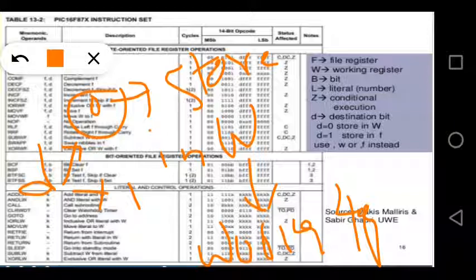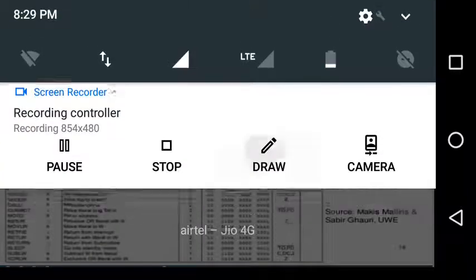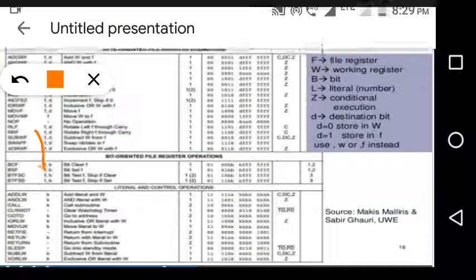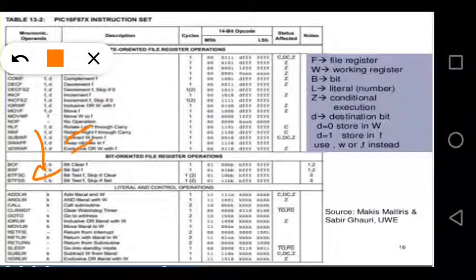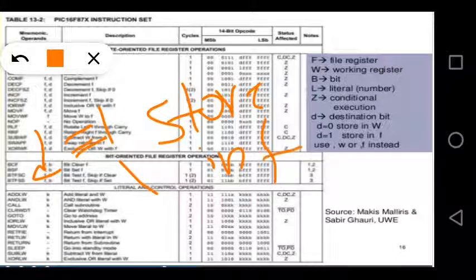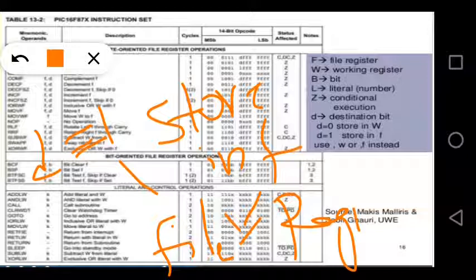If small d is equal to 1, then store in F. F stands for file register.